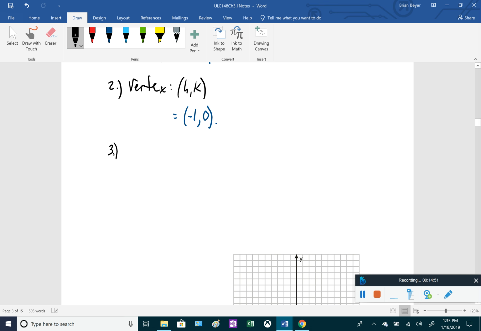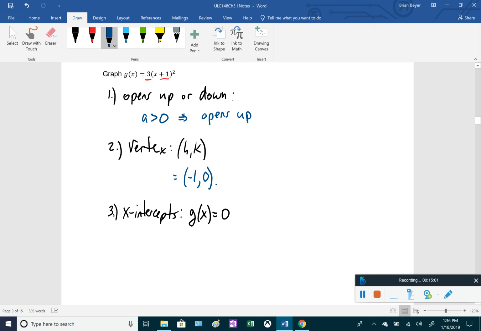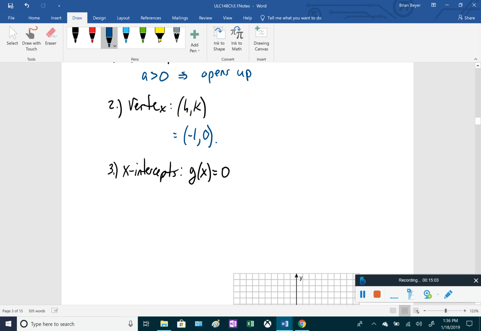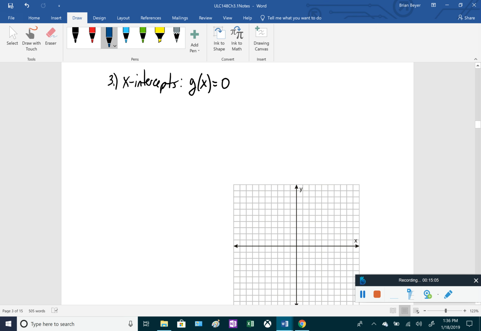Next, for the x-intercepts, we're going to set our function, which in this case is called g of x, equal to 0. So we set 3 times x plus 1 squared equal to 0, and solve for that binomial squared. Divide both sides by 3.